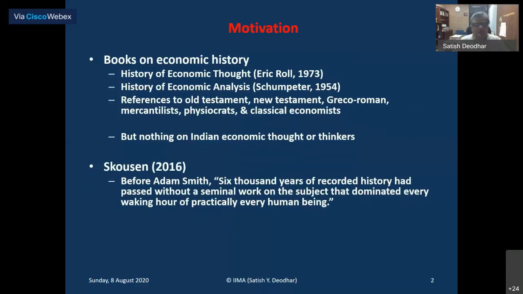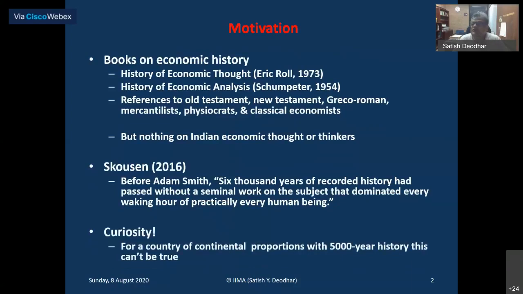He said, before Adam Smith, 6,000 years of recorded history had passed without a seminal work on the subject that dominated every waking hour of practically every human being. Now, this was too bold a statement to say that for 6,000 years before Adam Smith, really nothing worthwhile had happened. So that's the curiosity with which I started.